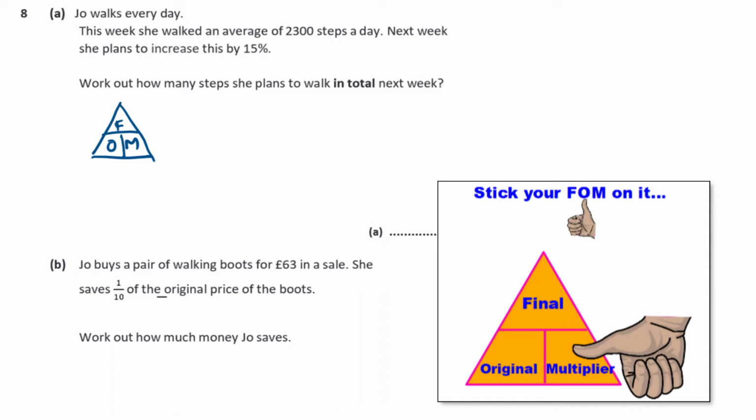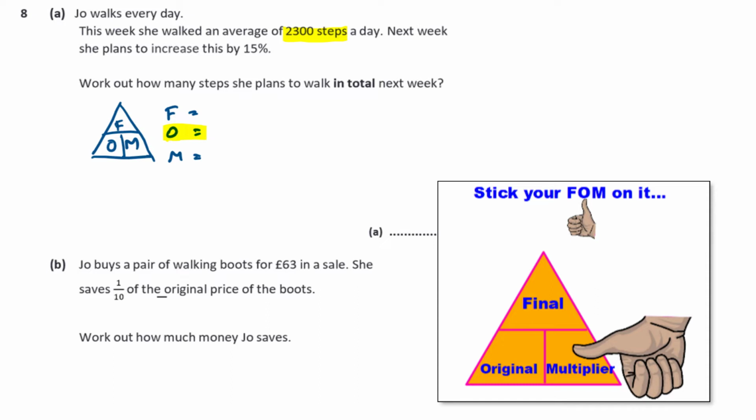So final, original, multiplier. Now I need to go through the question and see if I can work out what each of those things are, at least 2 of them anyway. So this week she walked an average of 2,300 steps, and we want to work out what it is next week. So this 2,300 is going to be the original then, isn't it?